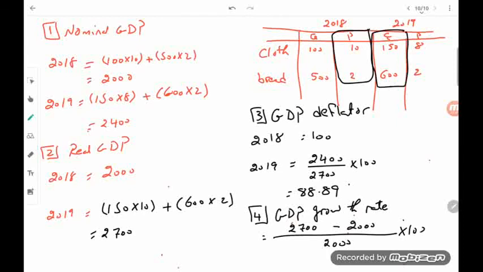So it will be 35%. So this means that there is an increase in the actual production of the country by 35% in year 2019 compared to year 2018.